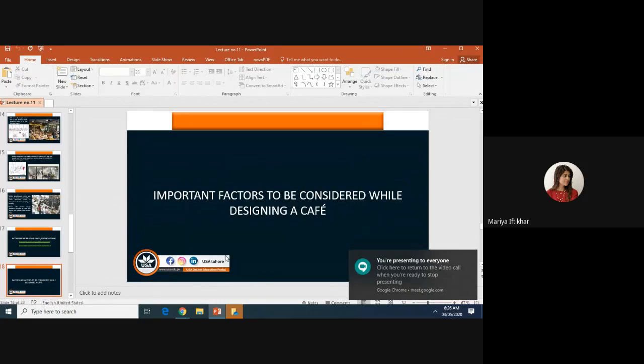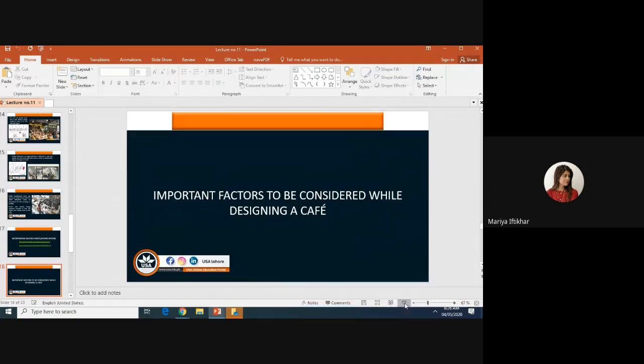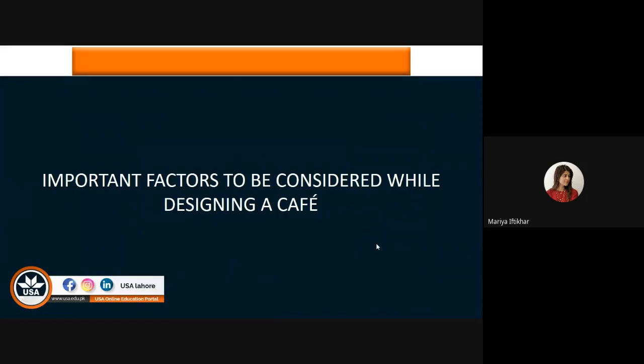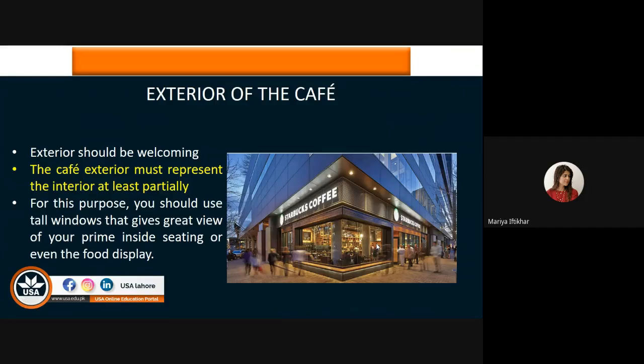Okay, so we will be discussing some other important factors that are to be considered while designing your cafe. Okay, so exterior of the cafe. As I've already told you in the previous slide, the exterior should be welcoming, and you can use glass in your exterior so that it lets the viewer know how well the interior has been designed, and this is a strategy to attract the customer.